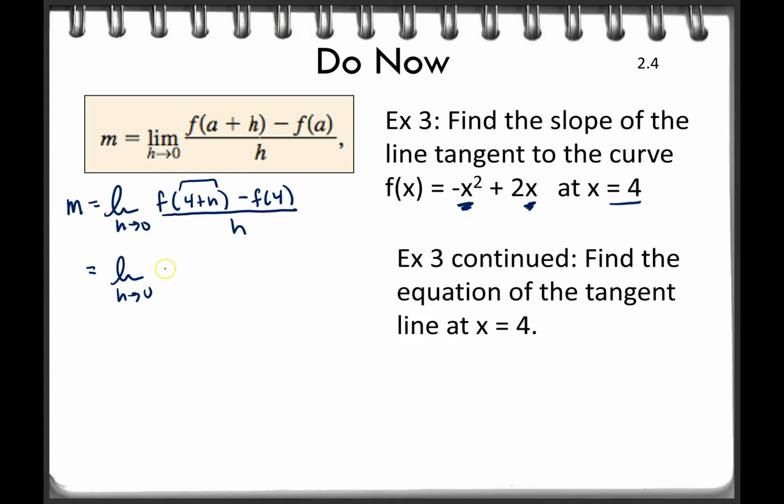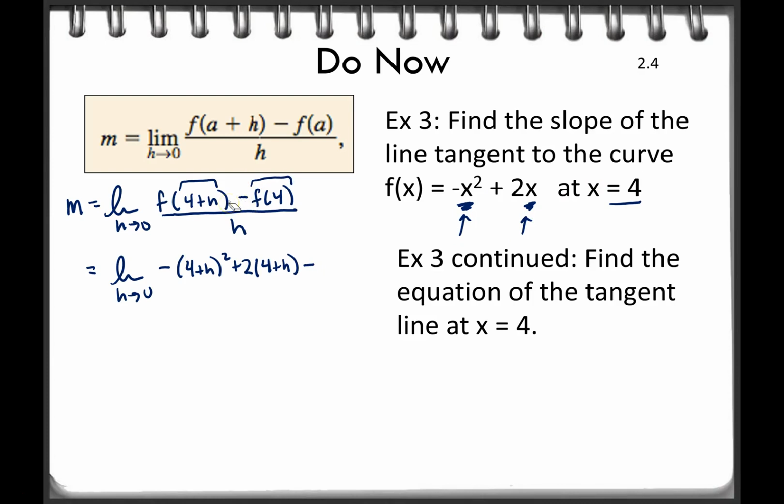And I should put parentheses, minus parentheses 4 plus h squared plus 2 parentheses 4 plus h. All right, so I've plugged in for both of those things. And now I have to do minus f of 4. So let me go ahead and put a minus.